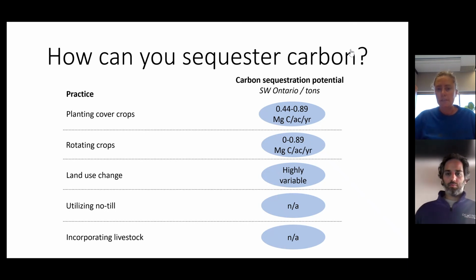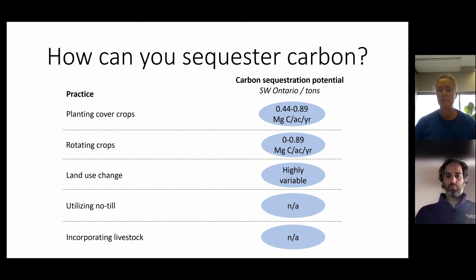So all this is to say that you can certainly utilize a no-till or reduced-till system, but we are not going to attribute any carbon to the model. So that's the estimate. So you won't be paid initially for this practice. But if you think that you're going to sequester carbon this way, that's wonderful. You can try it. And at the end of that 5-year period, when we have our true up, if it worked, if you sequestered carbon, you will be paid the true up at that point in time.